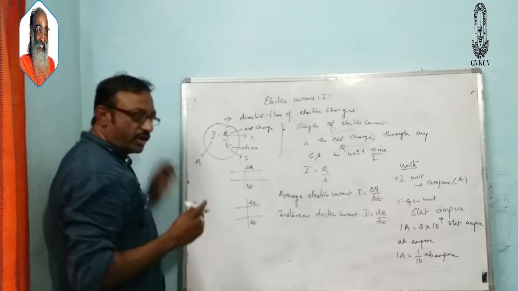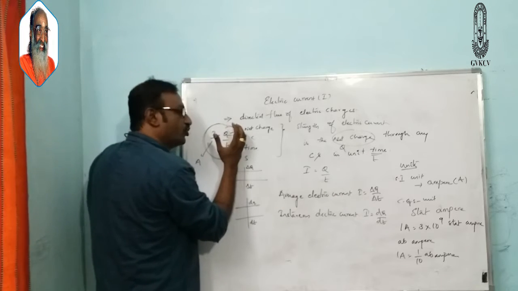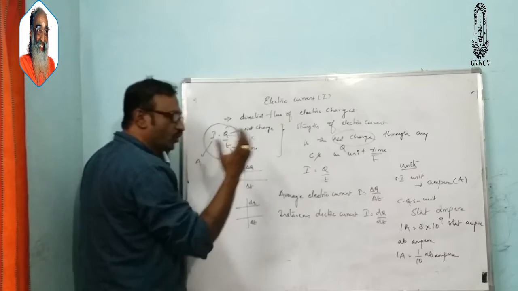Electric current is said to be 1 ampere when the net charge flowing through any cross section is 1 coulomb in 1 second.